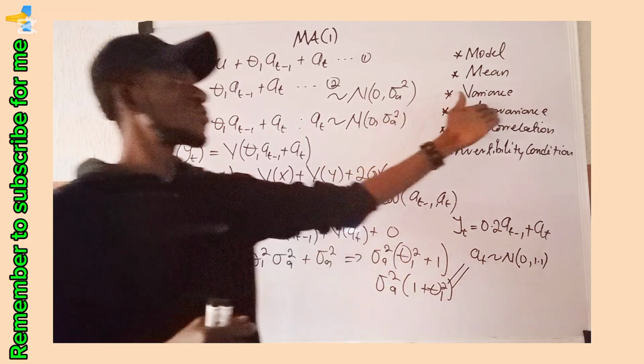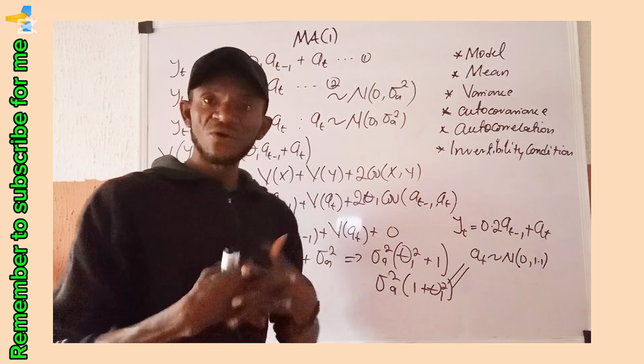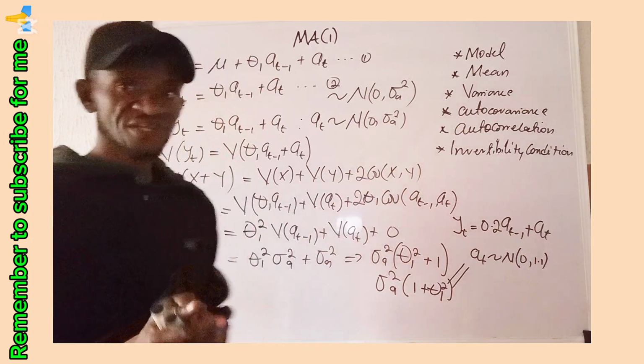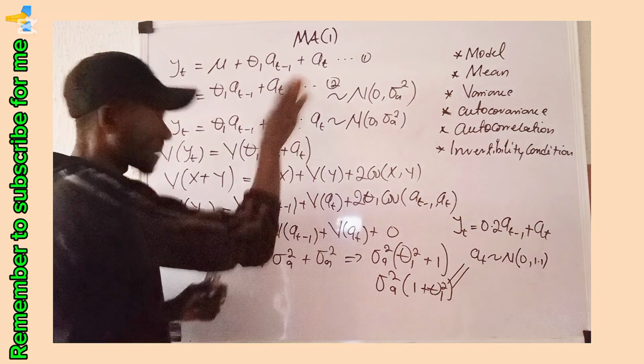We are quickly going to go over to what we call the autocovariance of a moving average model of order 1. So permit me to clean here. Let us go to the autocovariance.